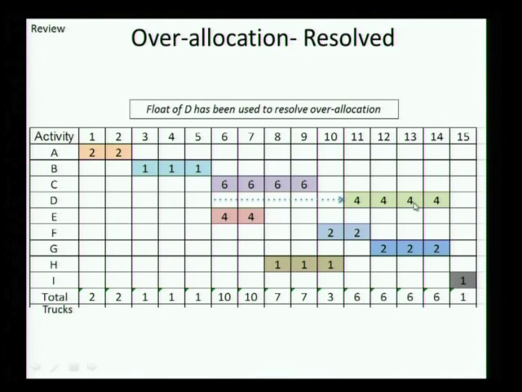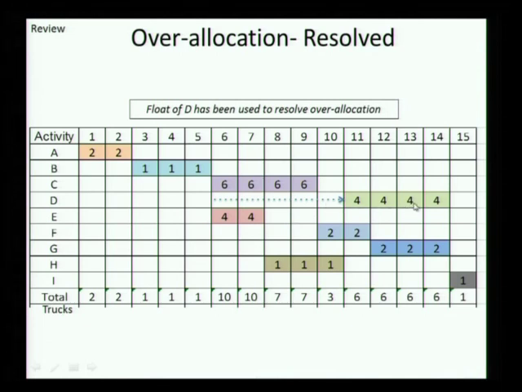From day 10. Yeah, I can start it from day 10. Okay, so there are 2 possible solutions with just D. What if I started on day 9? Over allocation. 6, 4, 1, it would have gone to 11. Okay, so if I choose to move D, I have 2 options.